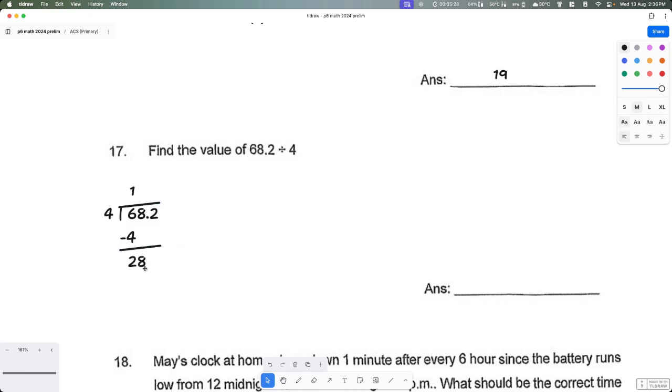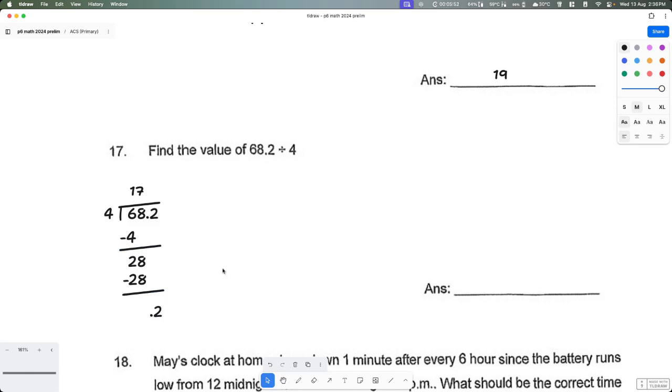So what is closest to 28 for 4? 4, 8, 12, 16, 20, 24, 28. We can minus 28, so this will then be 7. Now we are left with the dot 2.